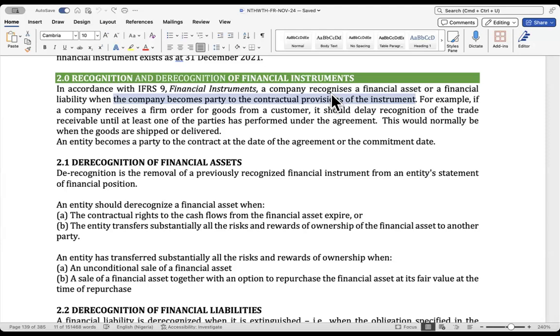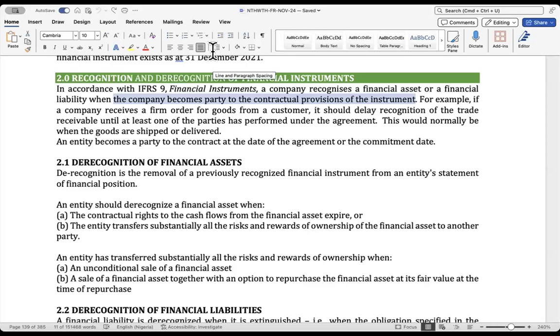And the key question is, when do you become a party to a contract? Usually it is at the earlier of the date when you signed the contract or when you made a commitment.